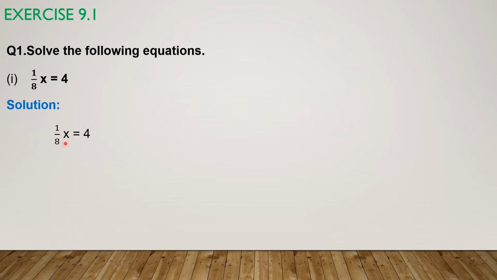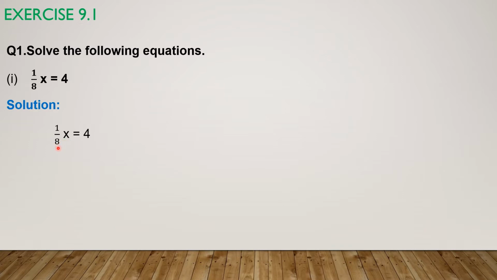Now students, we need to find out value of x, means we need x alone on left hand side. Got it? Since 8 is given in the division form, so we will move this 8 on other side of equal sign, so that we can get value of x, or we can get x alone.